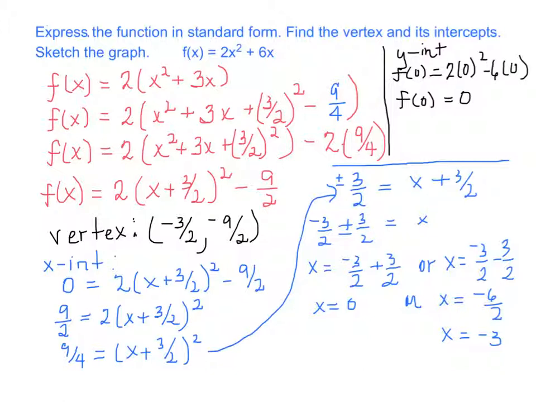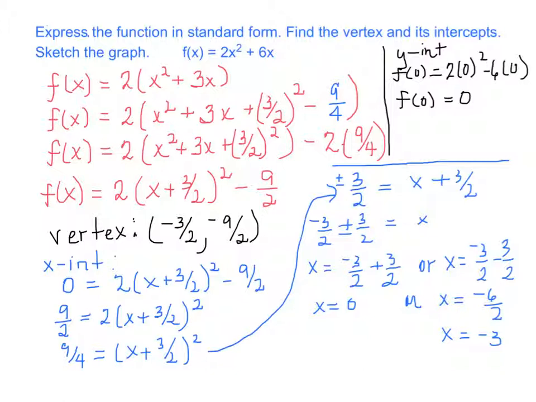If you FOIL this using the FOIL method, then you will see that you will get the previous step: x squared plus 3x plus 3 over 2 squared. Alright, so when I multiply 2 times 9 over 4, I get 9 over 2. So now my standard form of this quadratic function is 2 times x plus 3 over 2 squared minus 9 over 2.